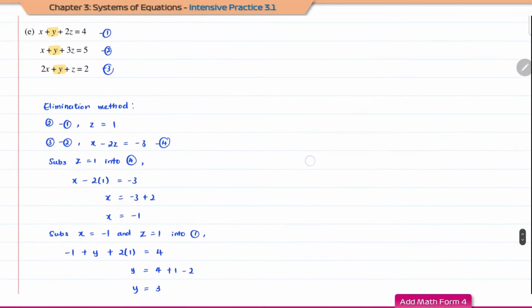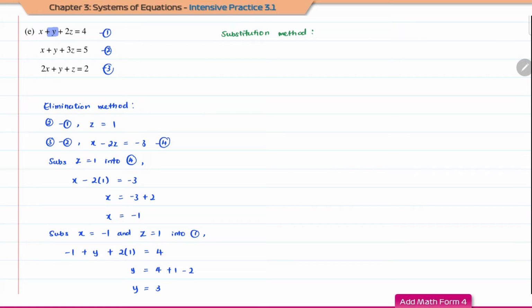Alright, so next we're going to solve these questions using the substitution method. So in this case, I'm going to choose the y from equation number 1 to become the subject of the formula.